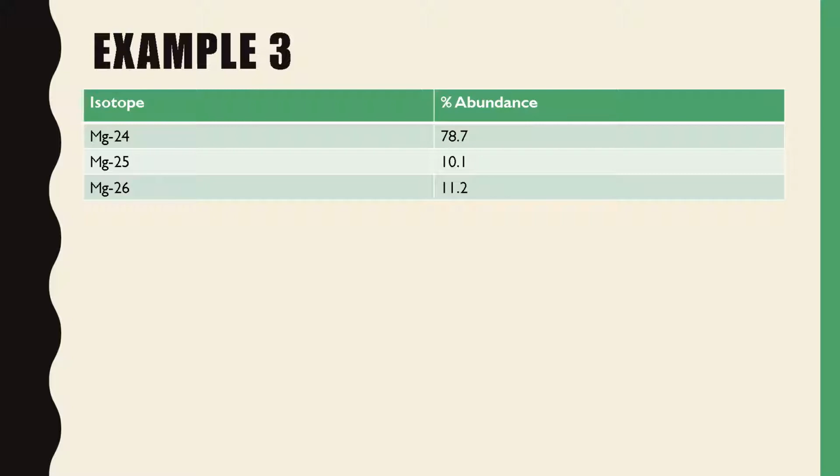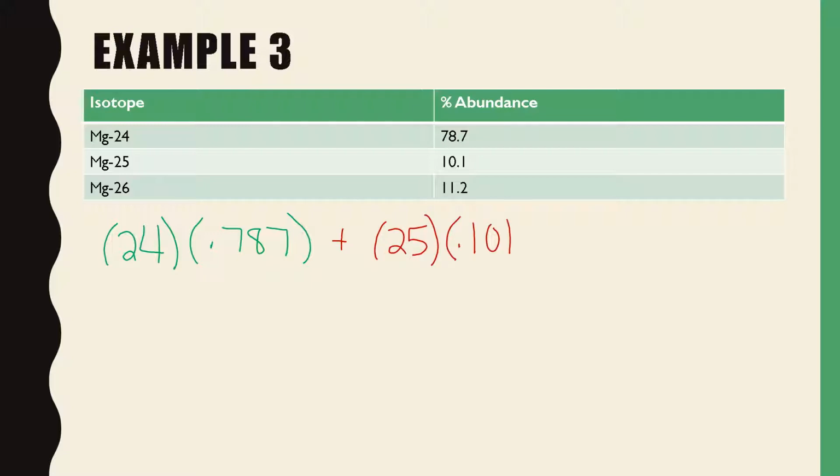And our last example is very similar to example number 1. They're both really straightforward. We are going to multiply 24 by 0.787. Then we are going to add the product of 25 and 0.101.